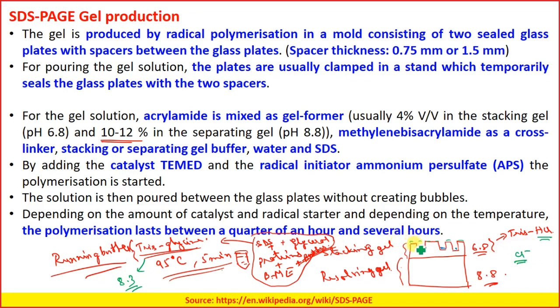So when we apply the electric field, the proteins have been charged negative, so this is negative over here, and over here we have the positive electrode. So this is cathode and this is anode.